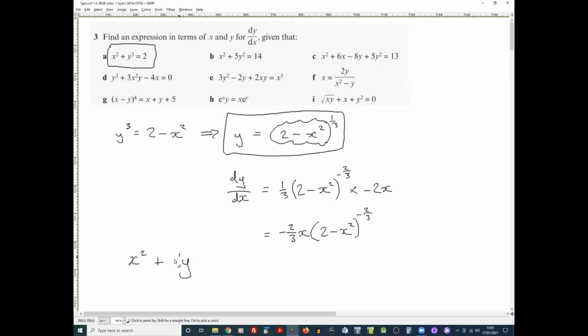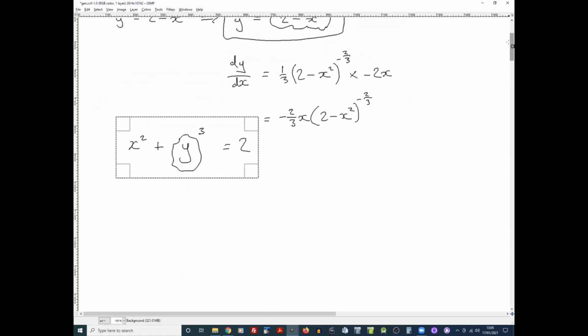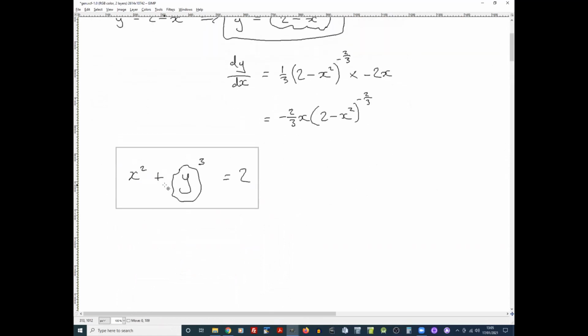Right. Okay. Now notice how I'm writing it. And let's differentiate term by term.